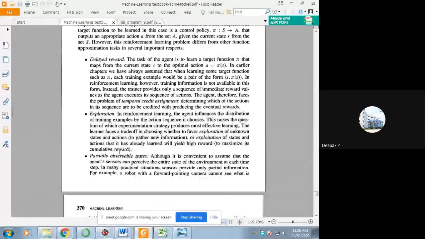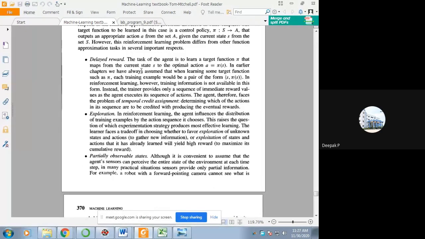In reinforcement learning we have two categories: exploration and exploitation. Exploration means it learns the algorithm or the data set automatically by modifying the values, whereas exploitation is for a particular instance, where the values are delayed or updated automatically. This is regarding your delayed reward.